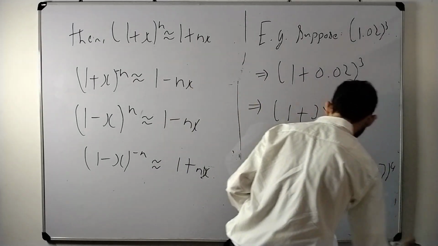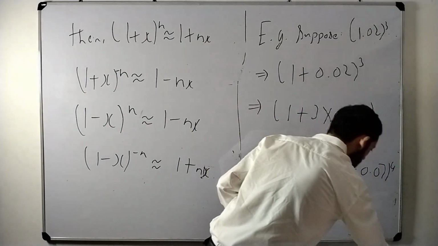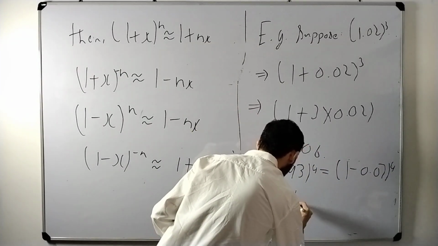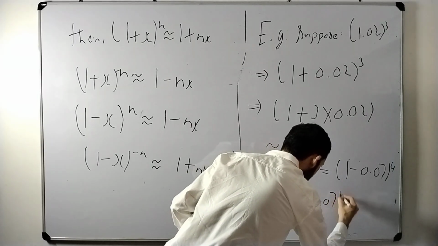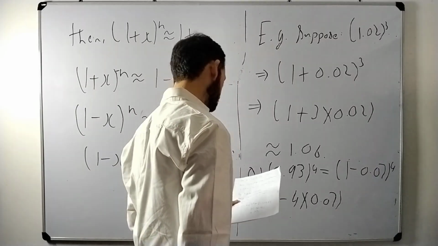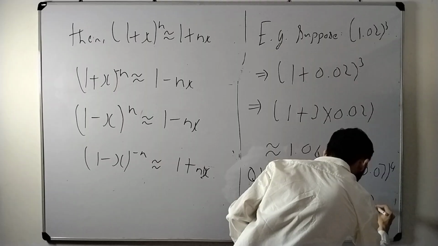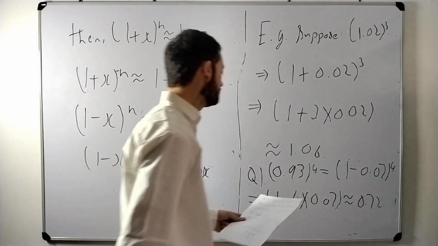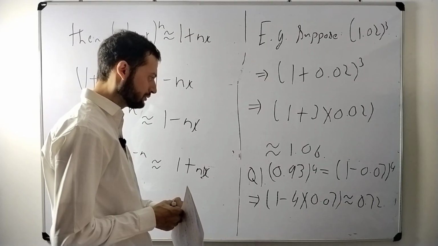Again, my speed is increasing, so you might not have got it. Minus 4 times 0.007, and this implies 0.972 is the approximate value of this number.